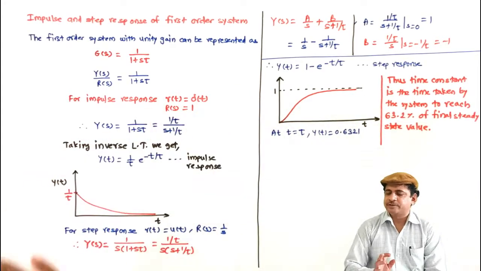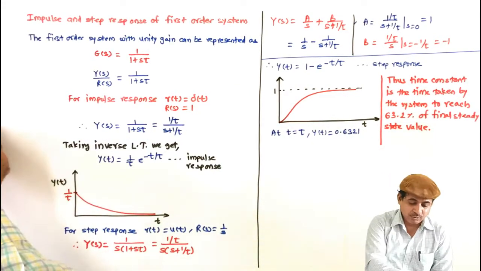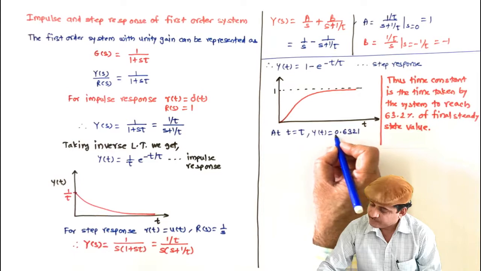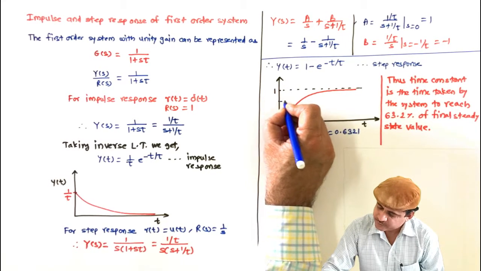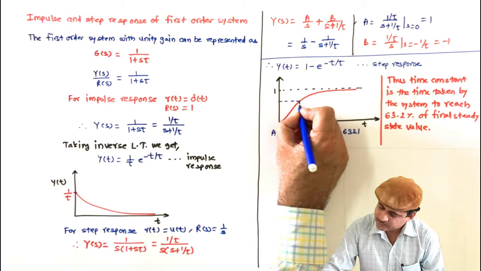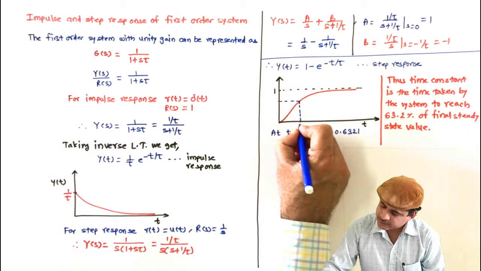So here the final steady state value is 1. So the time taken to reach that, if I take 0.632 somewhere here, then this will be tau.